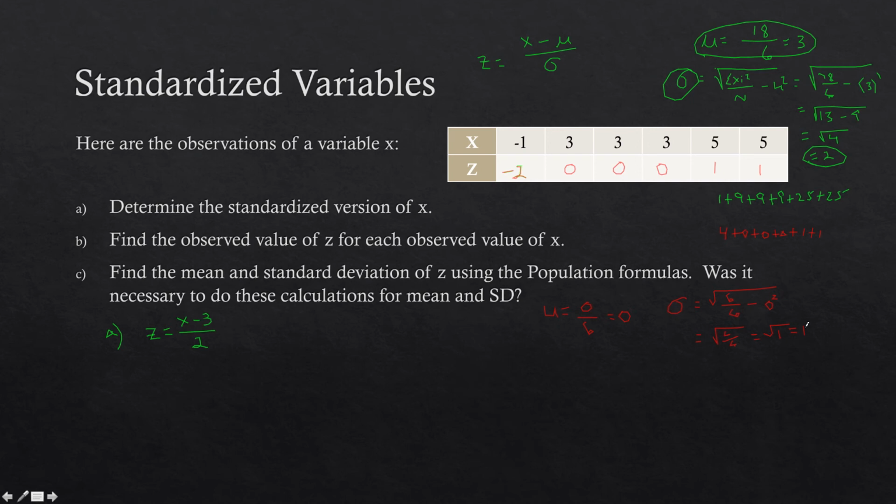Notice that -1 gave me -2. So that tells me it's 2 standard deviations to the left of our mean, or 2 standard deviations less than our mean. Zero tells me it's no standard deviation left because that is the mean. 0 tells me it is the mean.